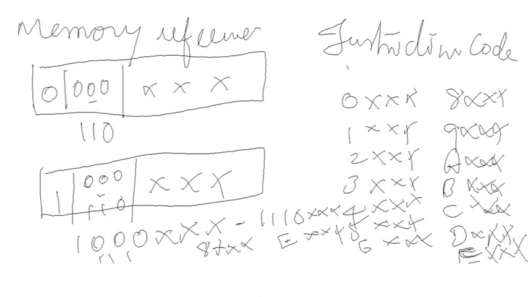If it is 0, this is the format, and if it is 1, then 1000 is 8, and 1001 is 9. So if it is 0, the first hex digit runs from 0 to 6, and if it is 1, it runs from 8 to F, and the remaining 3 digits are the address bits.